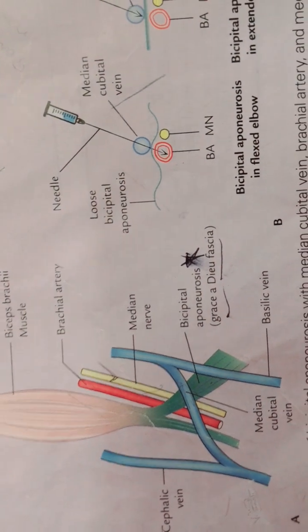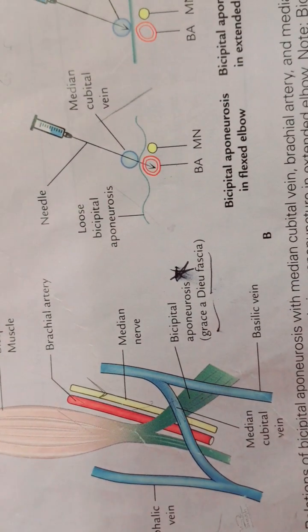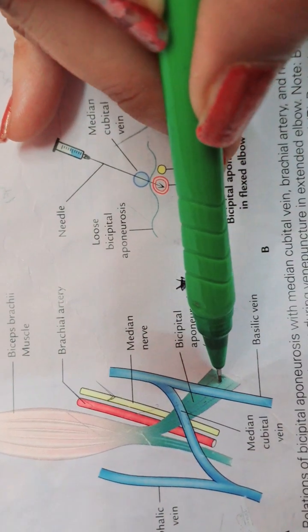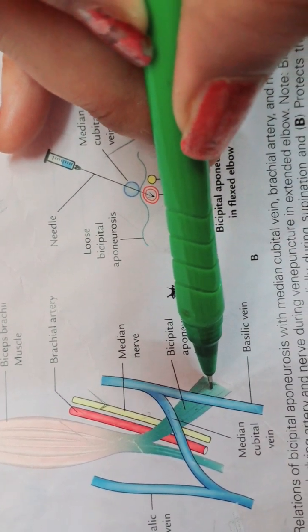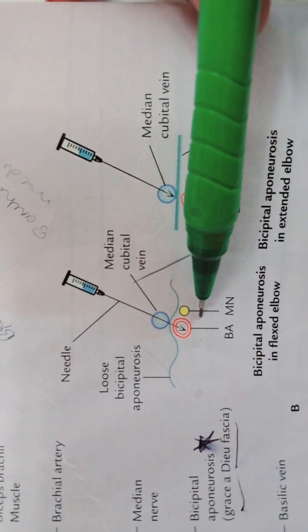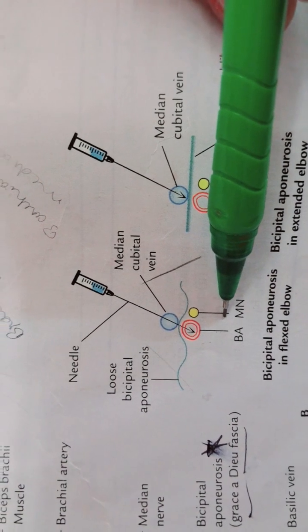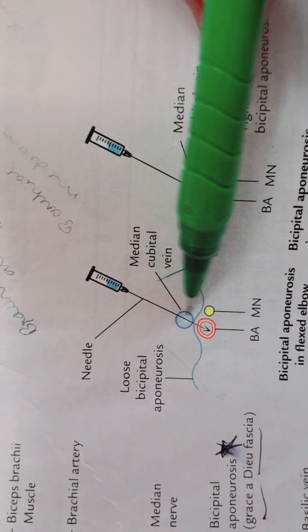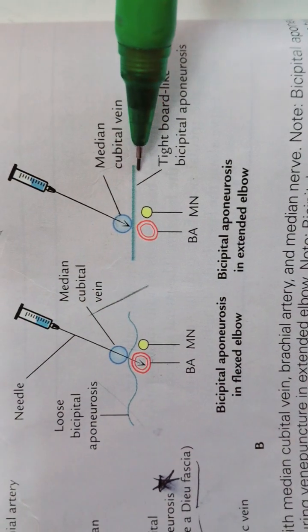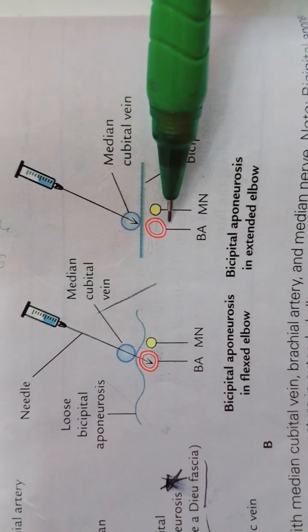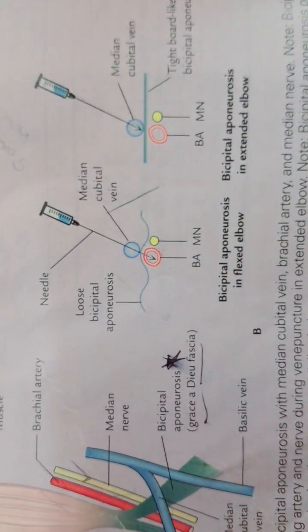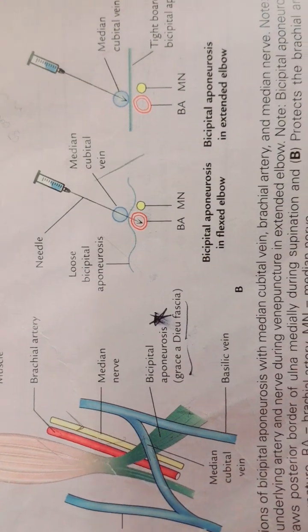It does not usually collapse during shock, and the underlying bicipital aponeurosis acts as a hard platform when the elbow is extended, and protects the underlying median nerve and brachial artery. For example, in a flexed elbow, when the needle is pierced, it may pierce the brachial artery directly, whereas in the extended elbow, it acts as a hard platform, so it pierces only the cubital vein. So this is the applied aspect of the cubital fossa. Thank you.